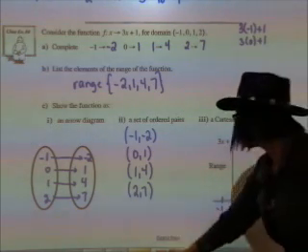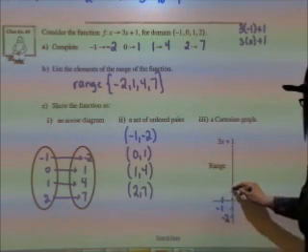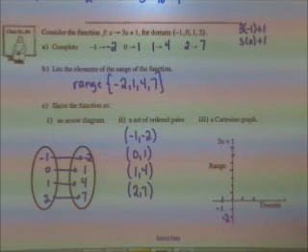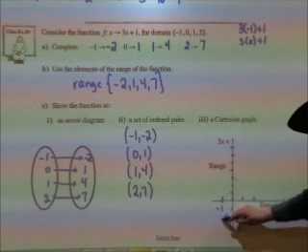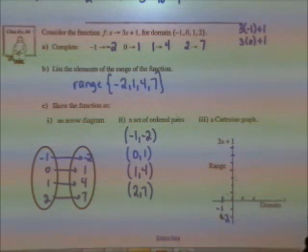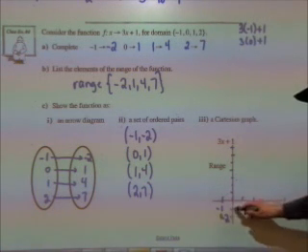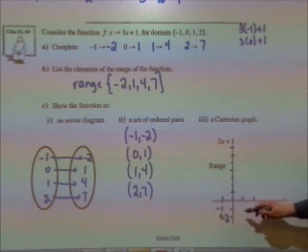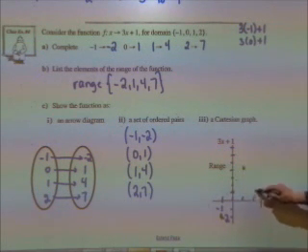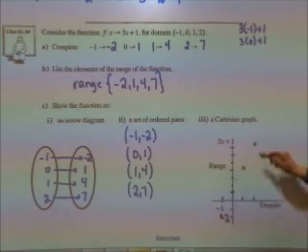Go up to 7: 1, 2, 3, 4, 5, 6, 7. So -1 and -2 would put a point down here. Zero and 1. 1 and 4. And 2 and 7.